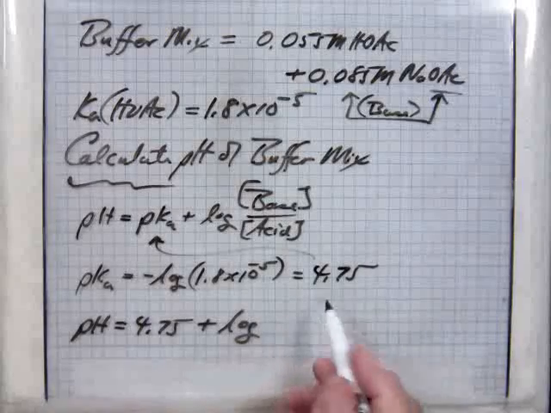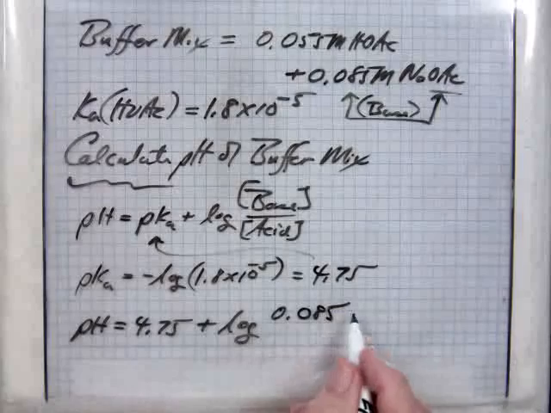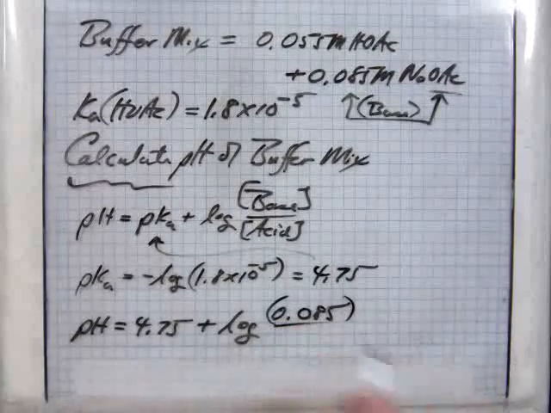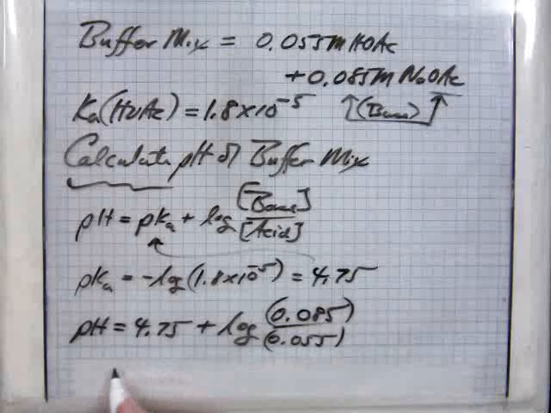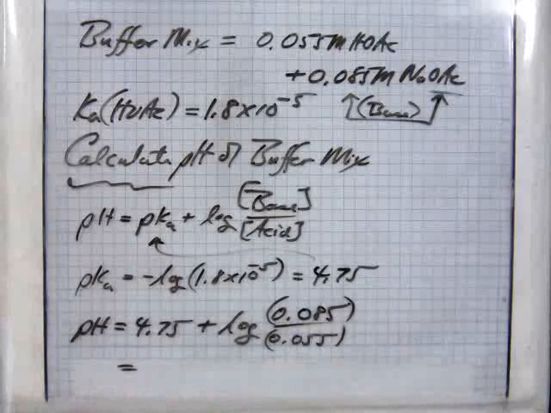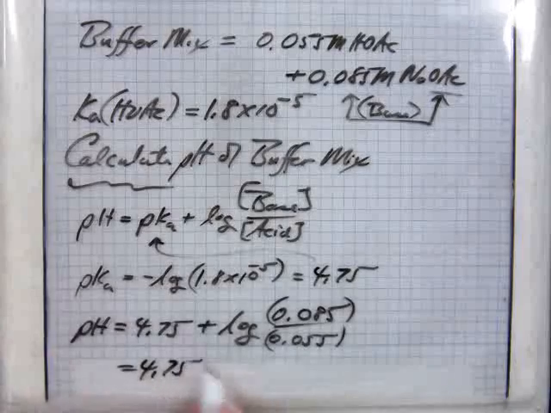So that would be 0.085 molar. Molarities will cancel out over 0.055, and so that gives us the ratio. I'll string it out.